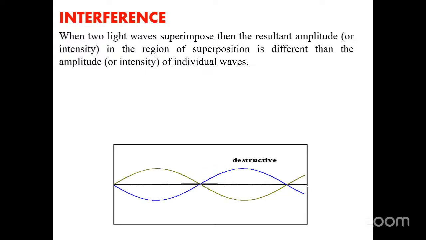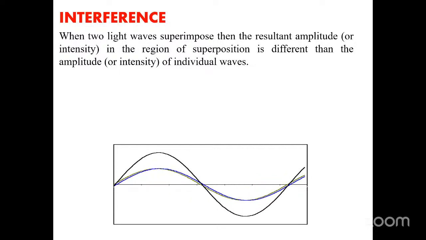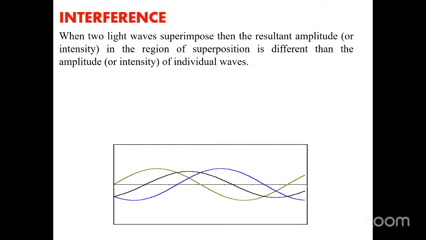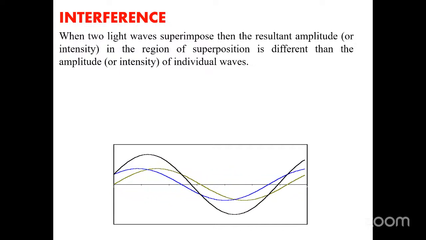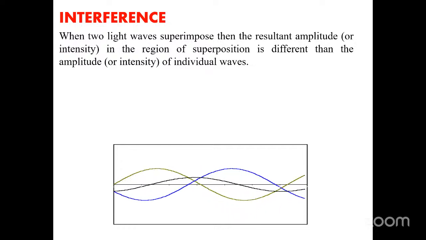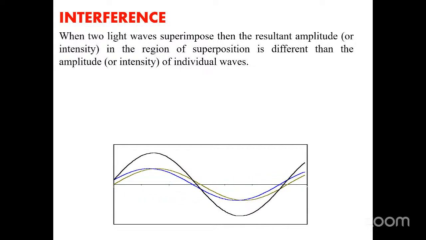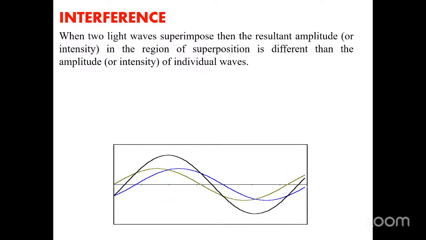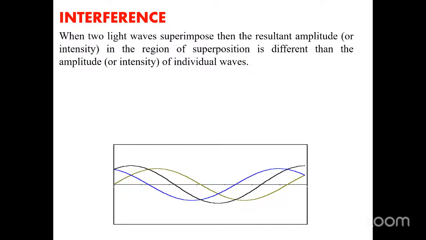So you can see which one is constructive and which one is destructive. Two waves in the same phase give constructive interference. Two waves opposite to each other give destructive interference.